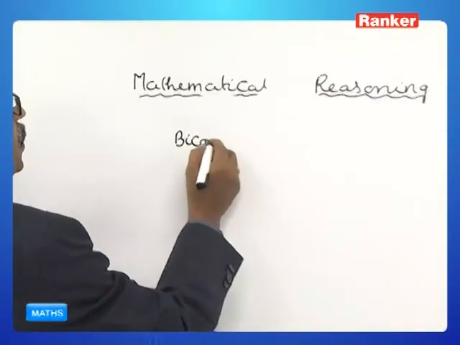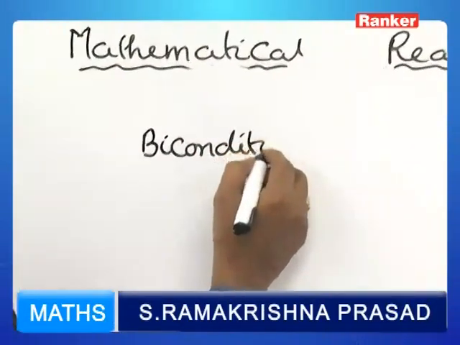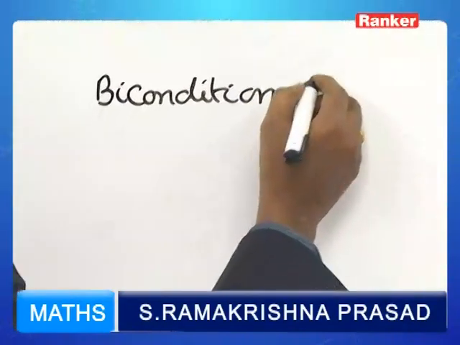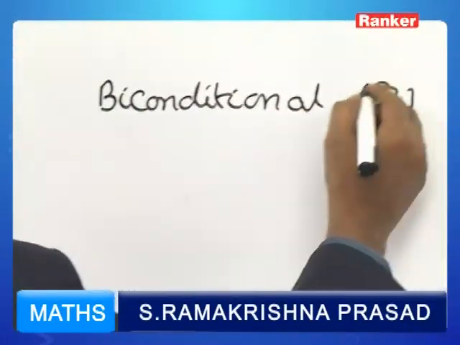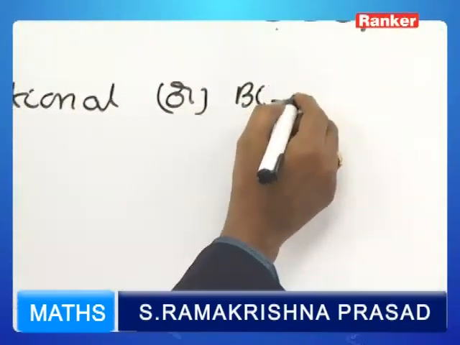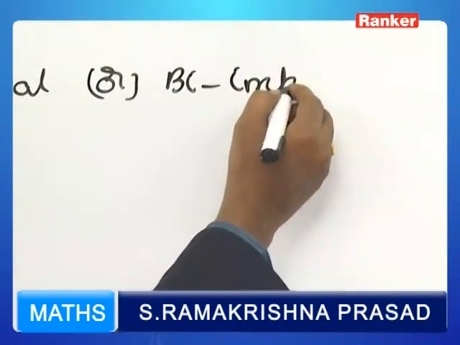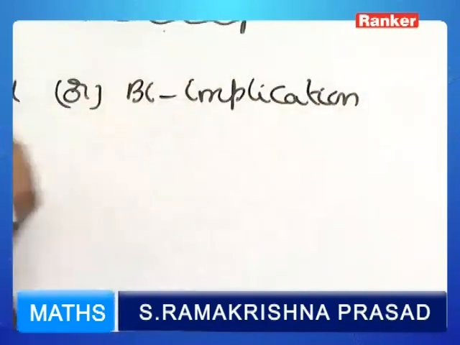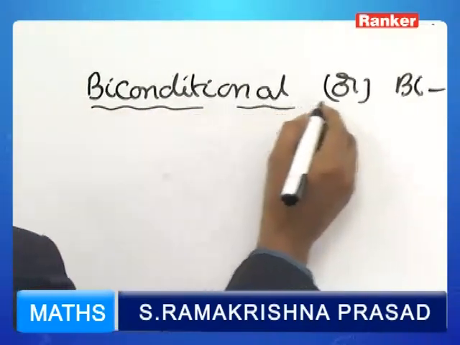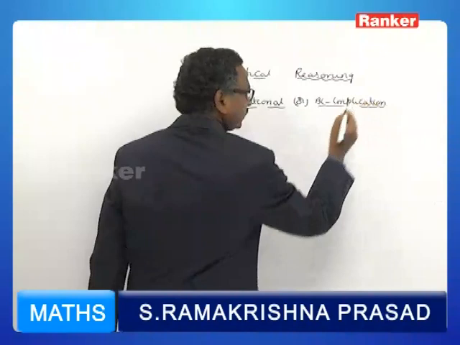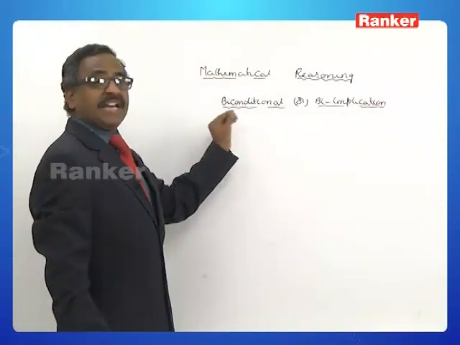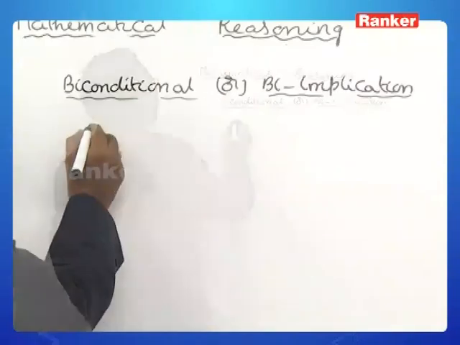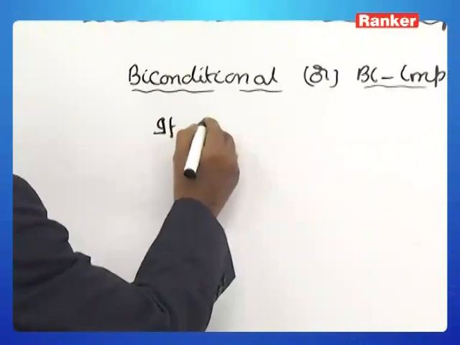Then the next compound statement is the biconditional statement, or bi-implication statement. Now, bi-implication means we take two simple statements as usual.